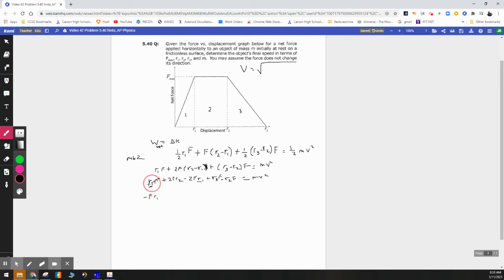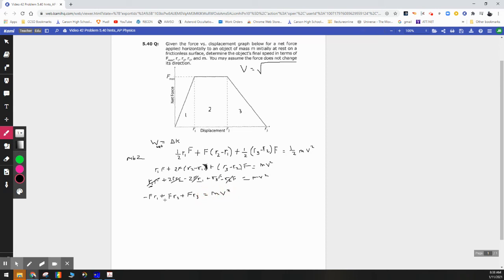So we got rid of those terms. Then we have 2FR2 and a minus FR2, so it's just going to be F R2. Those cancel, and all we have left now is F R3. And this has to equal mv squared.